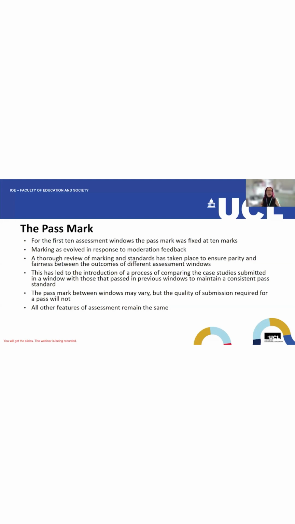So, for example, if we were reading a response that was 9 marks, we would go to previous answers that were 9 marks and say, well, that wouldn't have passed in a previous window. Is this 9 marks better than those 9 marks? And if it is, it might mean that the pass mark drops to 9 for this window, and vice versa.